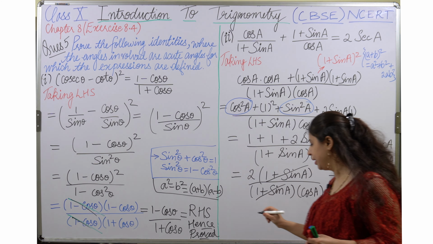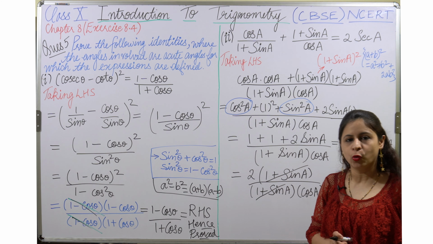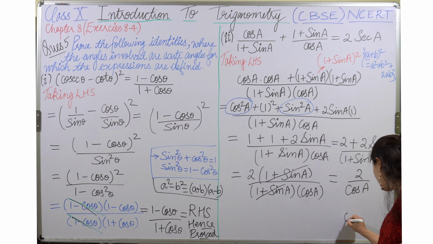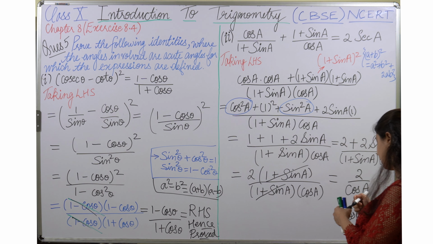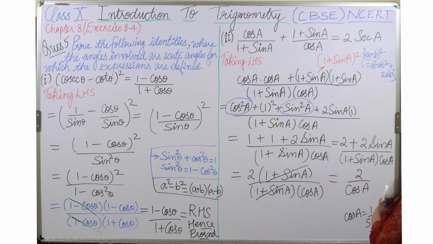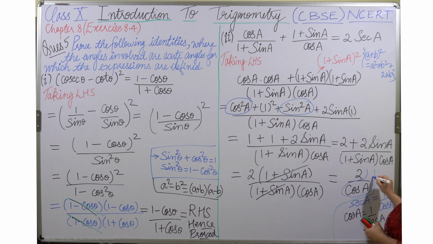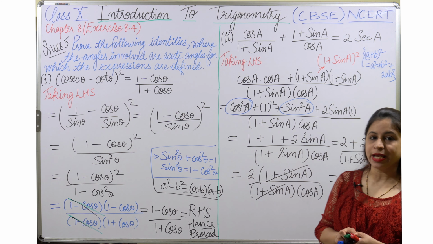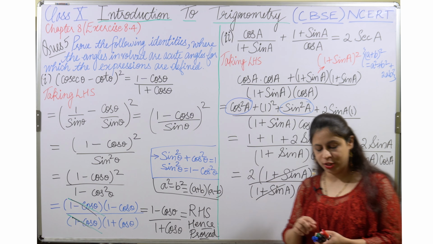Now we already know that cos and sec are reciprocal of each other. So cos A will be equal to 1 upon sec A, or I can say sec A is equal to 1 upon cos A. So this 1 upon cos A will be replaced by sec A, because sec and cos are reciprocal of each other.